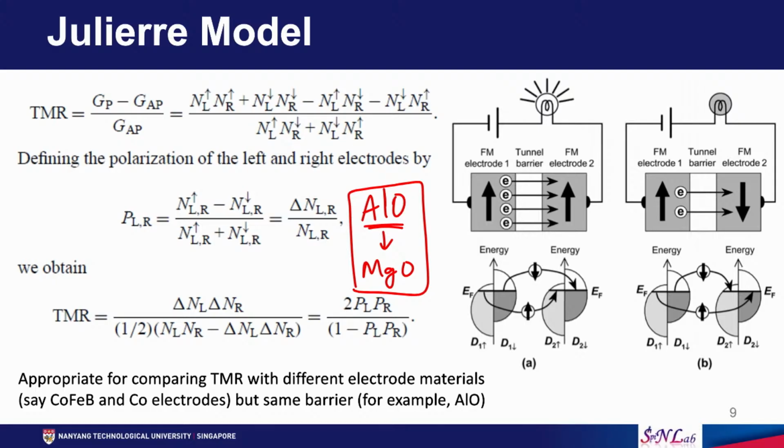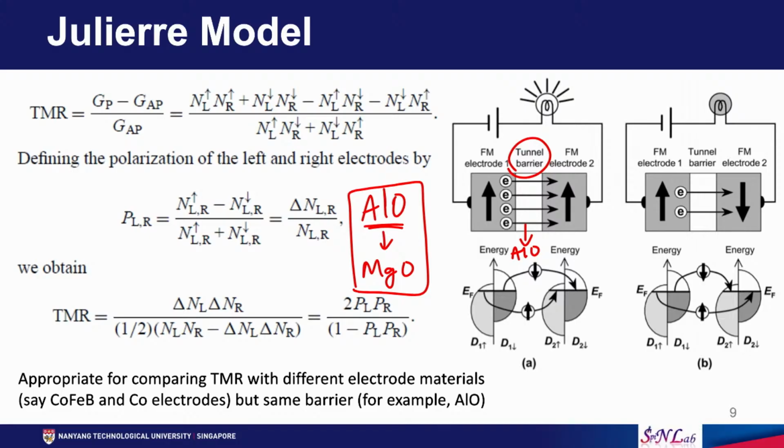Okay. So, in the case of a magnetic tunnel junction, we have two ferromagnetic layers. So, their magnetization can be parallel or anti-parallel, and we have a tunnel barrier. Okay. So, in this case we just ignore the tunnel barrier. It can be aluminum oxide or anything. So, the Julliere model is independent of the tunnel barrier.